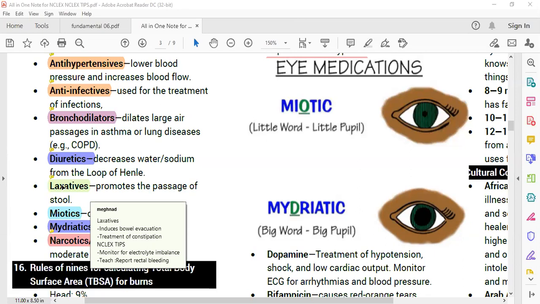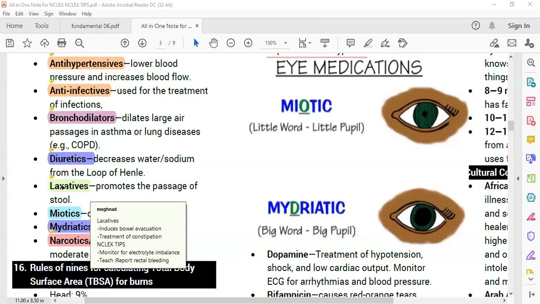So we should educate the patient: they should inform the healthcare provider if they have rectal bleeding, right?